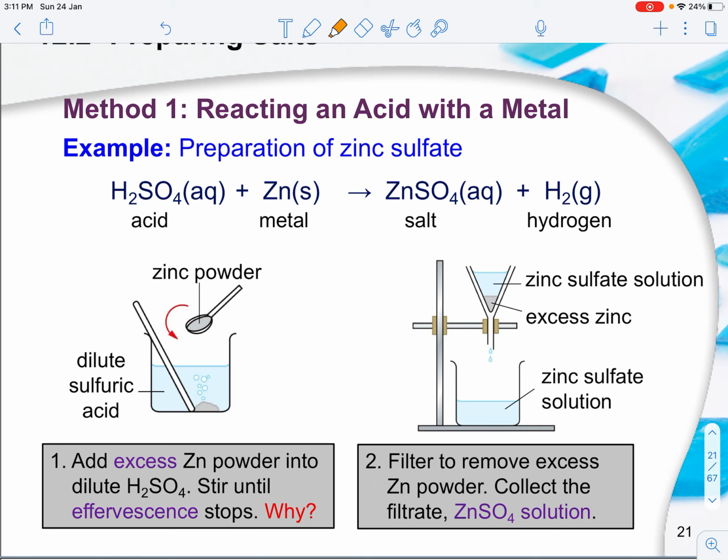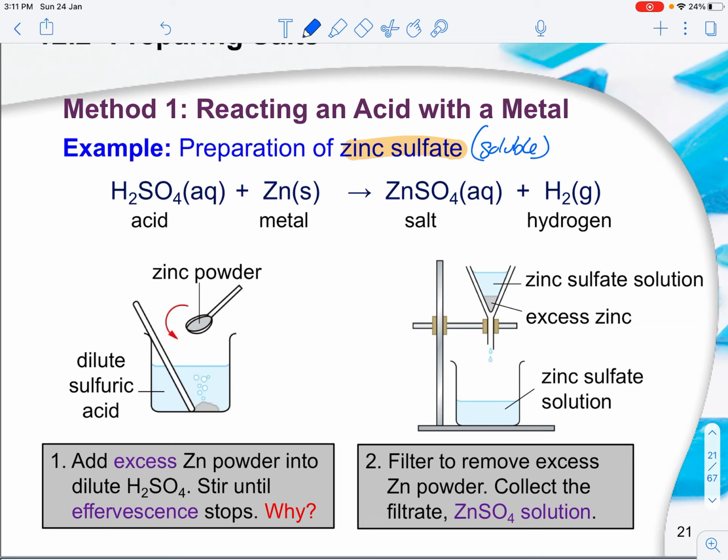Number one, always state in your answer, if they ever ask you to prepare a salt, what salt you are preparing. Is it soluble or insoluble? In this case, zinc sulfate. If you remember, because it's a sulfate, it is soluble. So your first mark will say that zinc sulfate is a soluble salt.